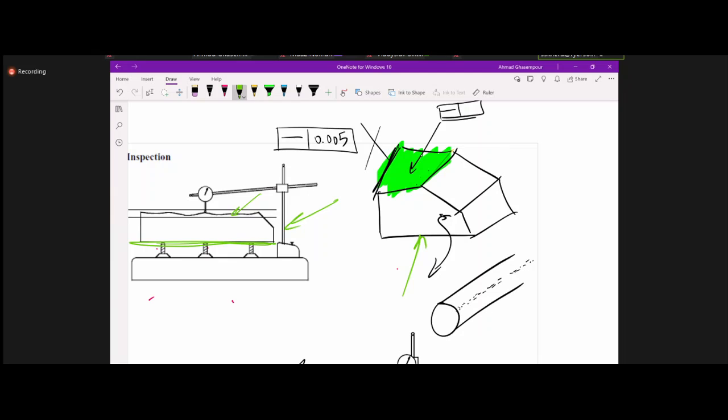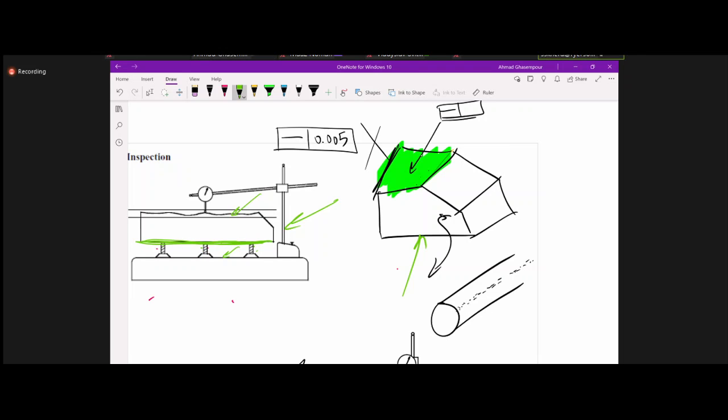No. Why not? So let's say this is a perfectly flat surface, right? And these three are perfectly the same size. They're all 10 millimeter, right? Yeah. Then, because there's only three of them, this bottom surface would be perfectly flat on them, level on them. Do you agree? Yeah.